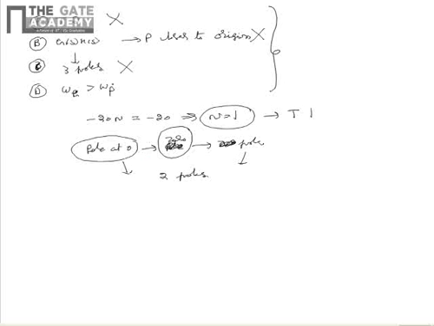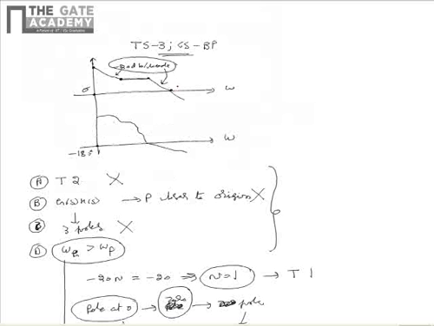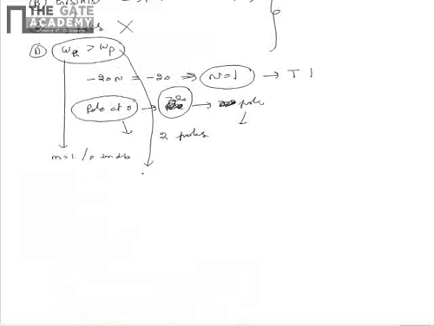Now, as per option D, it is given that the gain crossover frequency is more than the phase crossover frequency. We know that gain crossover frequency is the place where the magnitude is 1 or it is 0 in dB. From this we can say that in the given plot, gain crossover frequency is located at the point marked. Also, we know that the phase crossover frequency corresponds to a phase of -180 degrees.